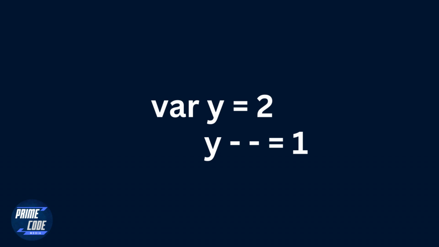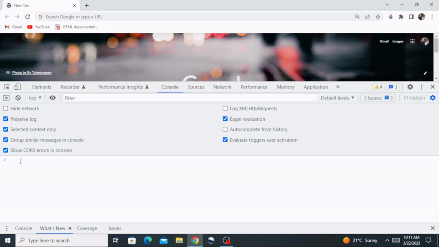So while we are here, it is very important to note that the value of increment and decrement expressions depends on where the operator is placed. If you use the postfix, meaning when the operator comes after the operand, the increment operator increments and returns the value before incrementing. Let's use console to put this into practice.